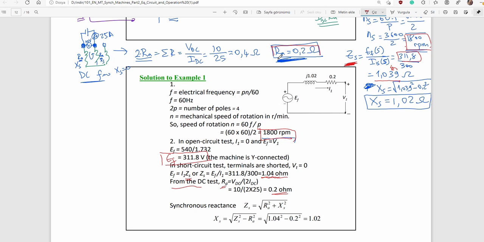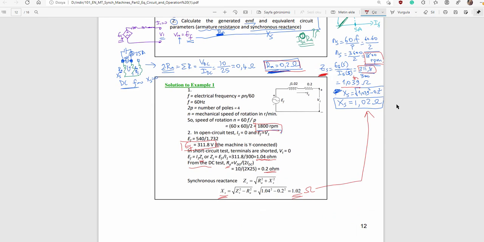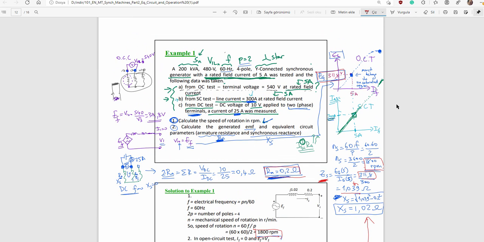It is already here. And then the resultant synchronous reactance is here. Okay, here you see how we can combine those two experimental data to calculate the equivalent circuit parameters.